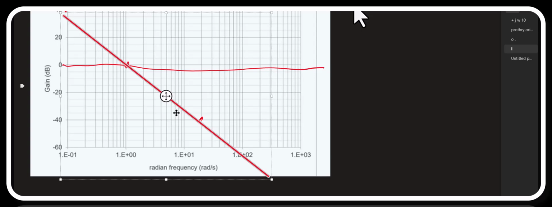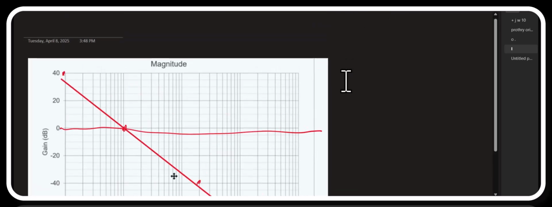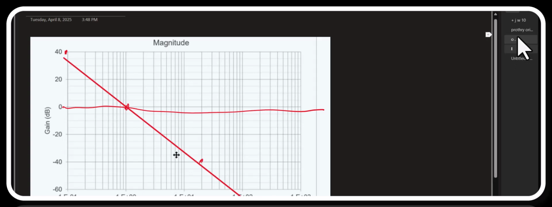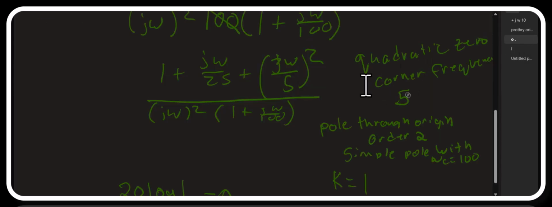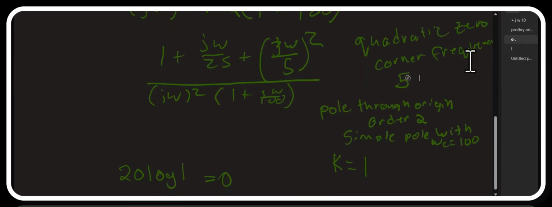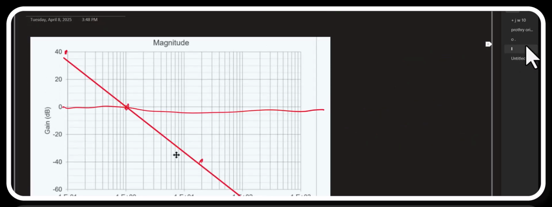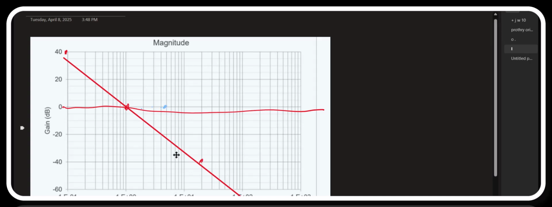Okay, then we had a quadratic 0 with corner frequency 5. Quadratics have slopes of 40. If it's a 0, slopes of positive 40, and if it's a pole, a slope of negative 40. It had a corner frequency of 5, so that's 1, 2, 3, 4, 5.